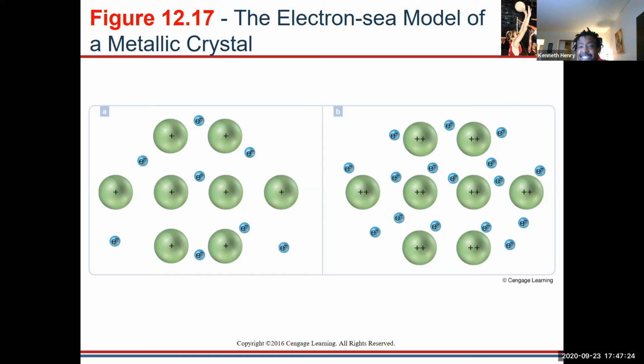You could have mixtures of metals that are doing exactly the same thing. You know how you have 18 karat gold. Is 18 karat gold 100% gold? Nope. It's a mixture of gold, silver, and copper. They mix those three together and just drop their electrons. Silver is typically a +1, so it'll drop 1 electron. Gold is typically a +2, so it'll drop 2 electrons.